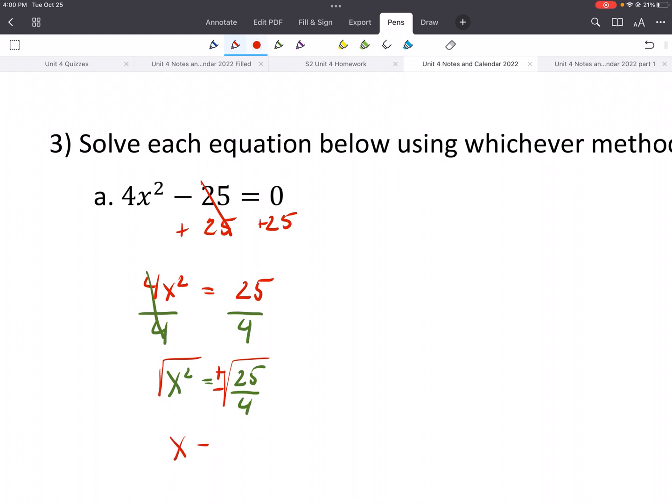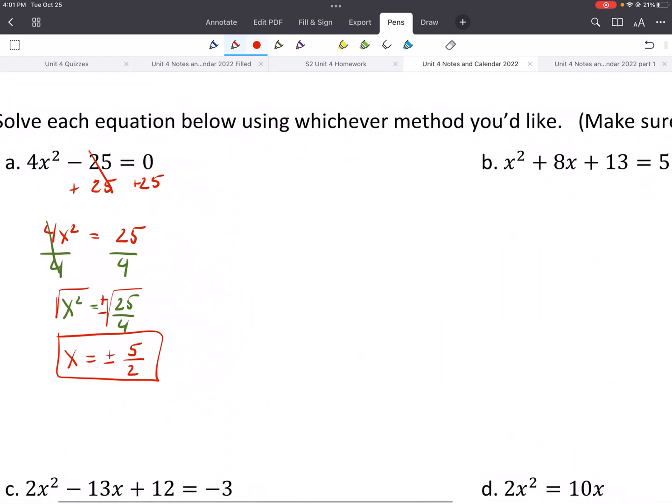So that would be x equals plus or minus 5 over 2. So that's our solutions. Again, we could probably use the difference of squares to solve that as well.